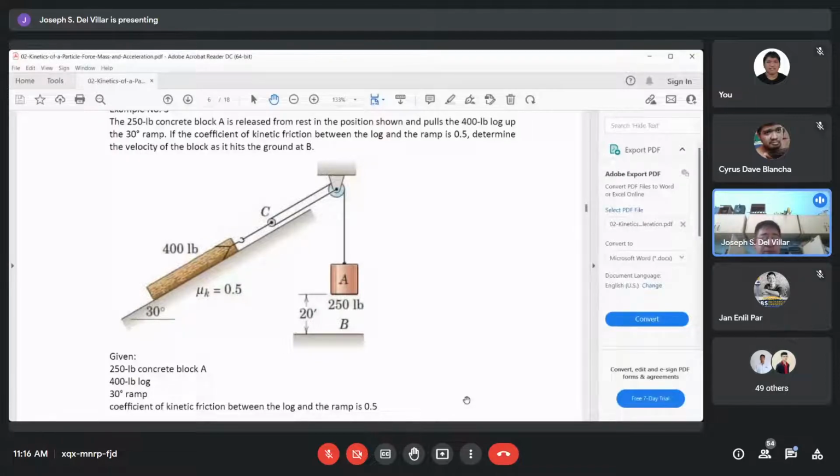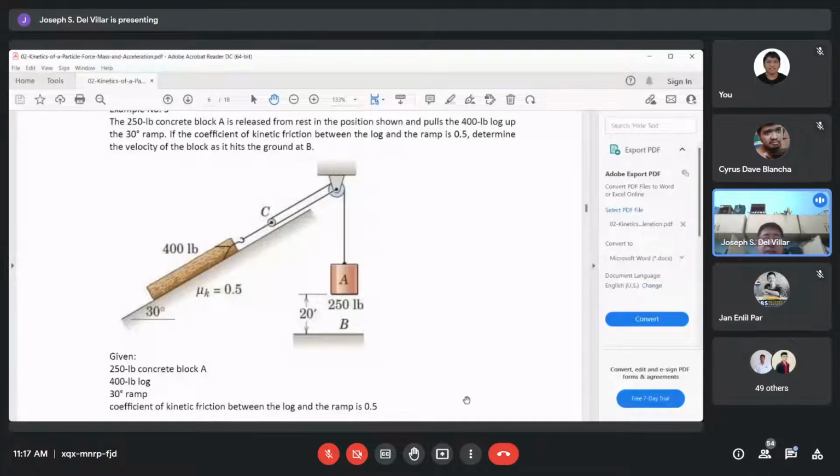Meaning to say, the initial velocity is zero, because it is from rest. Now that concrete block A pulls the log upward. So it pulls it. While A goes down, the log goes up.